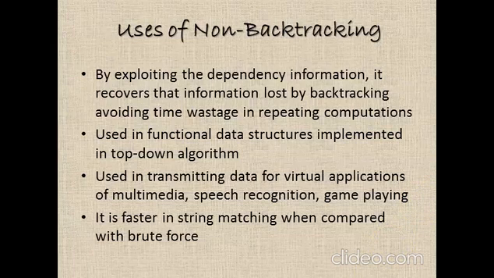Functional data structures are those data structures where we cannot change the structure of the data. If we are not able to change the structure of the data, we call it a functional data structure. A string is an example.